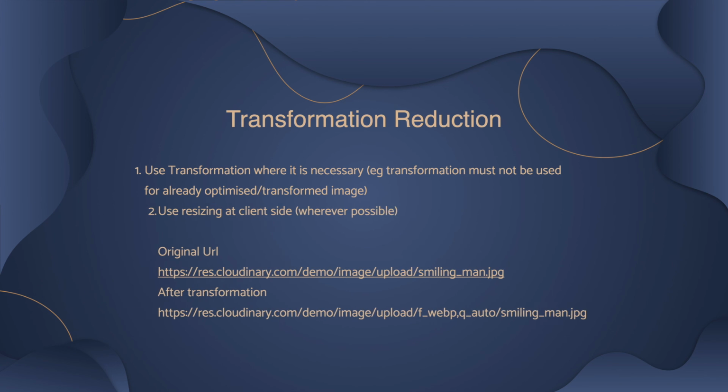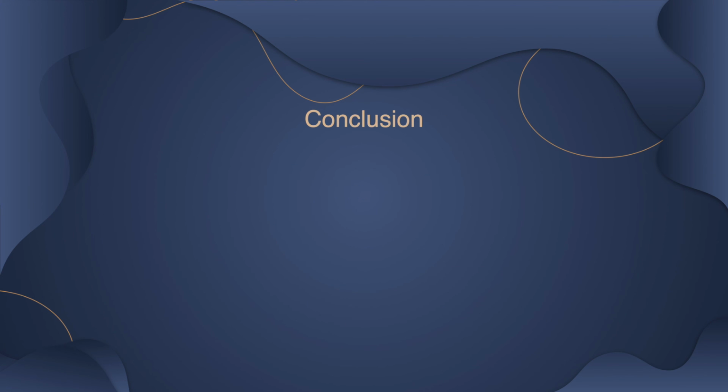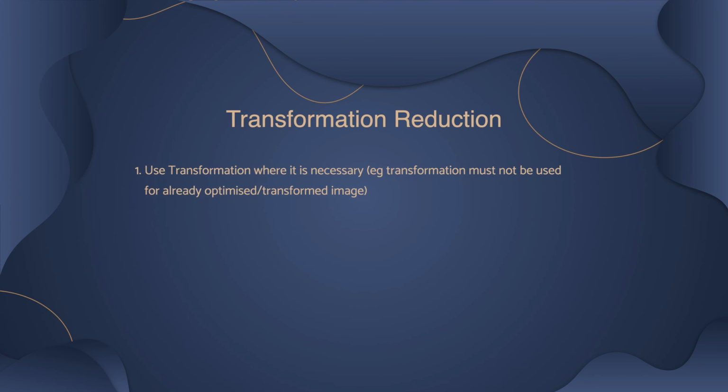Let's say the original image is 50x50 pixels, and on the client side we need to put it in a placeholder of 48x48. In that case resizing can be done on the client side. No need to use transformation, because 50x50 and 48x48 are nearly the same.